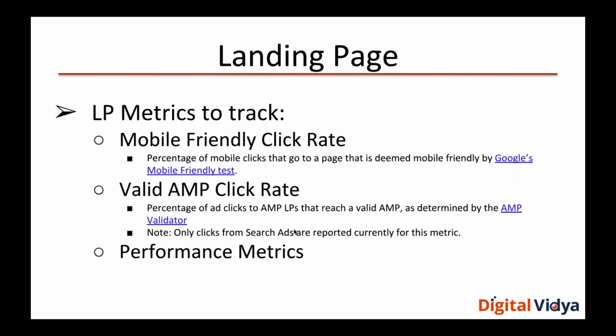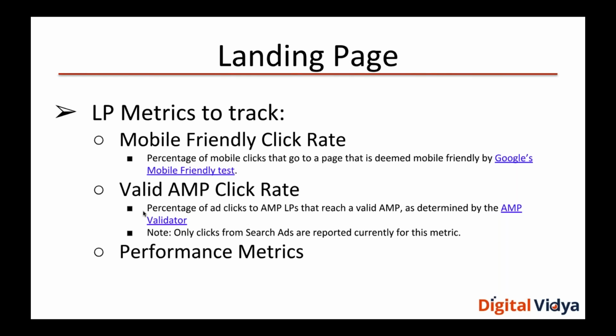So certain things that you can do to understand whether your landing page is friendly. And when I say friendly, one of the factors which Google gives a lot of priority these days is the mobile friendliness of your landing page, because a lot of traffic is coming through mobile devices.